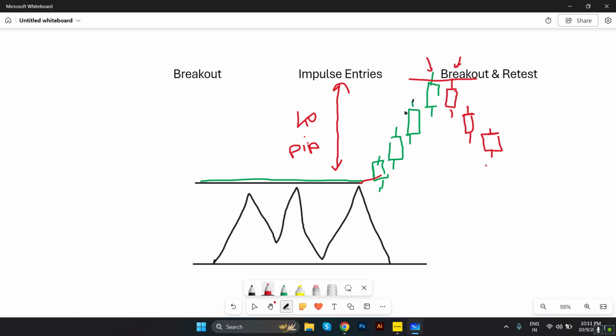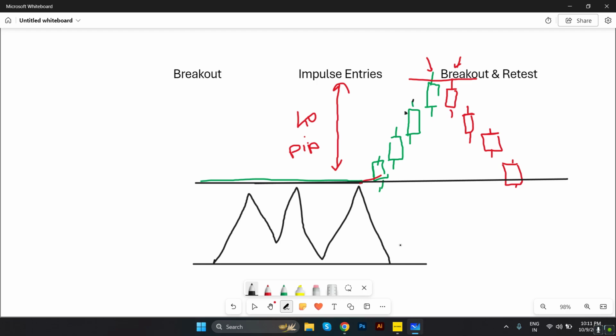Price comes back to the area where it had just begun its move, when it all started, like over here.